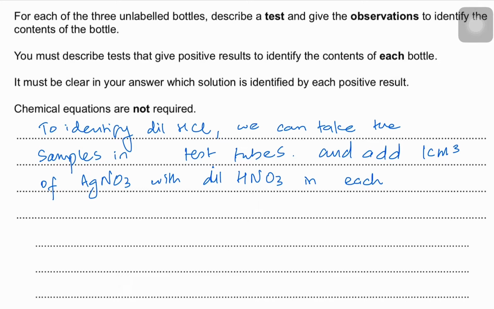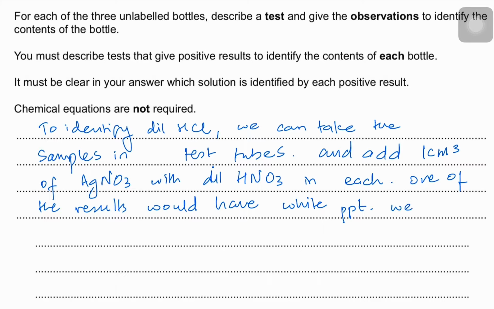One of the results would have white precipitate. Once this is done, we can label that sample as dilute hydrochloric acid. Now moving on.